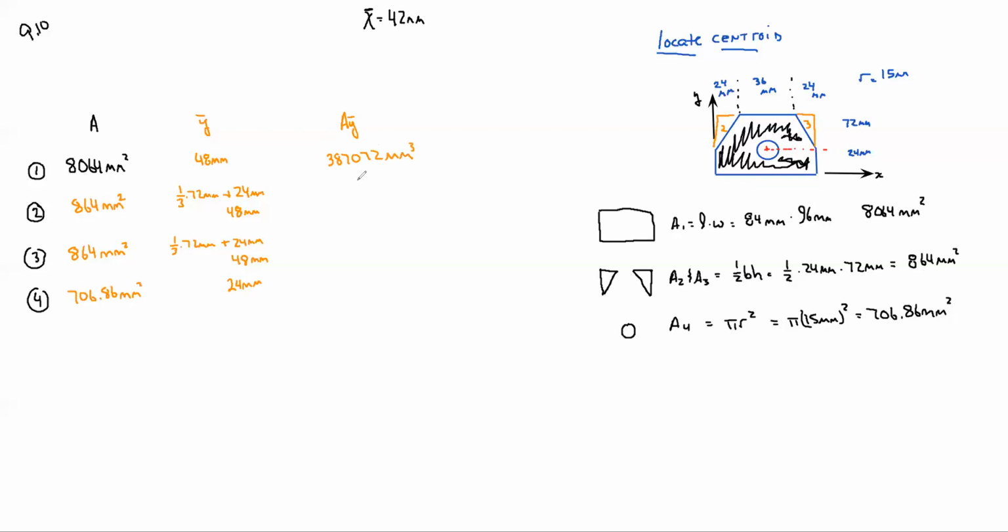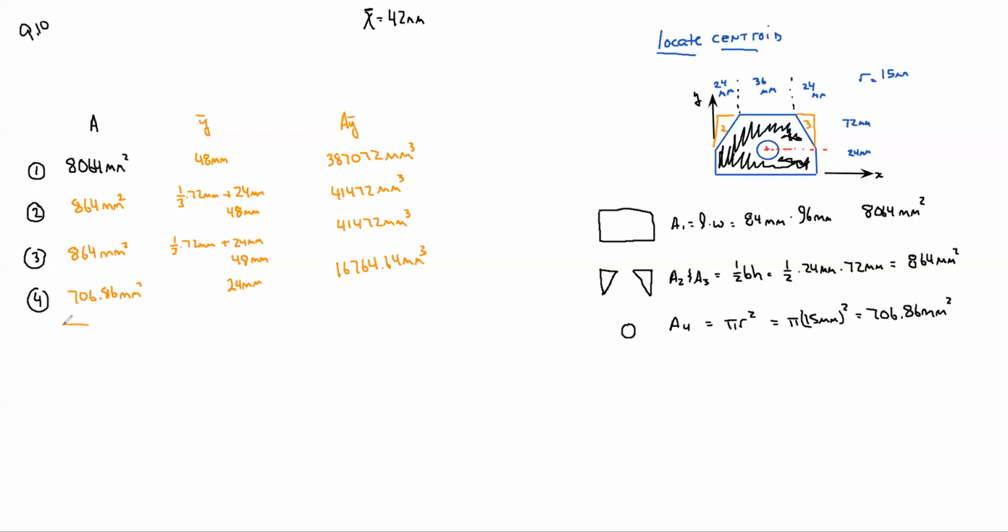The left-hand triangle, 864 times 48, is 41,472 cubic millimeters. Same number for the second triangle. And then for our circle, 16,764.64 cubic millimeters.